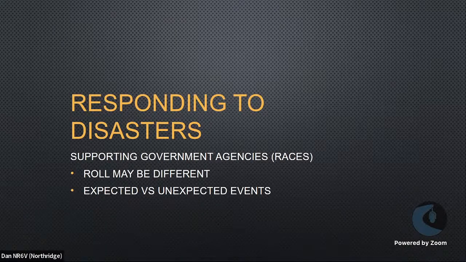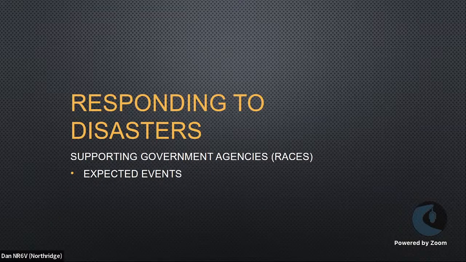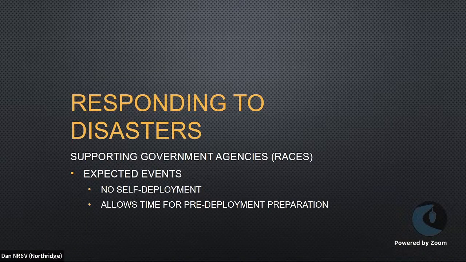Chris mentioned unexpected versus expected events, and they're mostly going to be the same, but there are some key differences. For an expected event, in either case, you're not going to self-deploy. That is a basic tenet of what we do. But with an expected event, you do have the luxury of preparing. And I'm not talking about your overall preparedness.